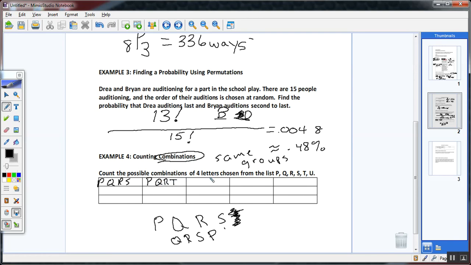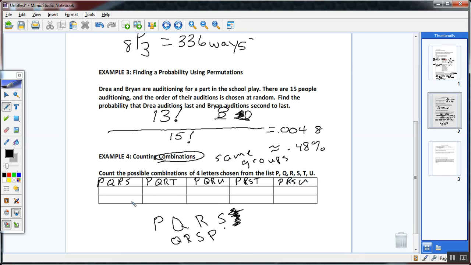Do you guys agree with that? Could I have P, Q, R, and U? Could I have P, R, S, T? Can I have P, R, S, U?